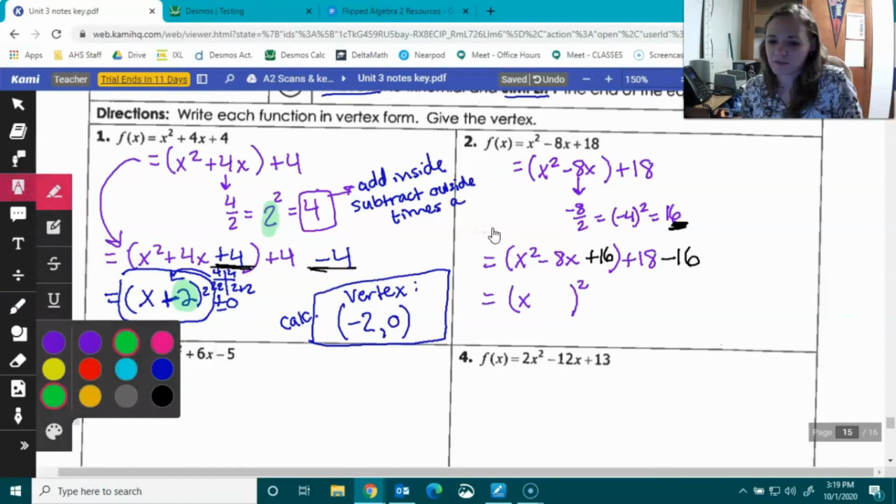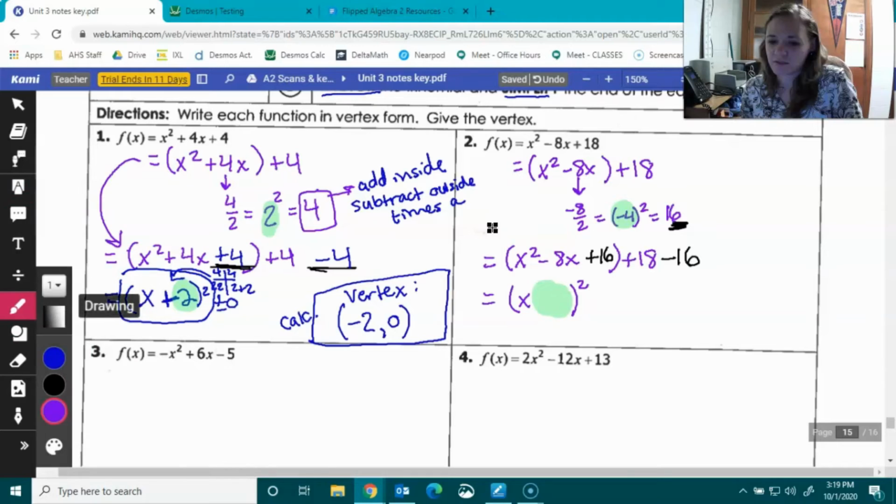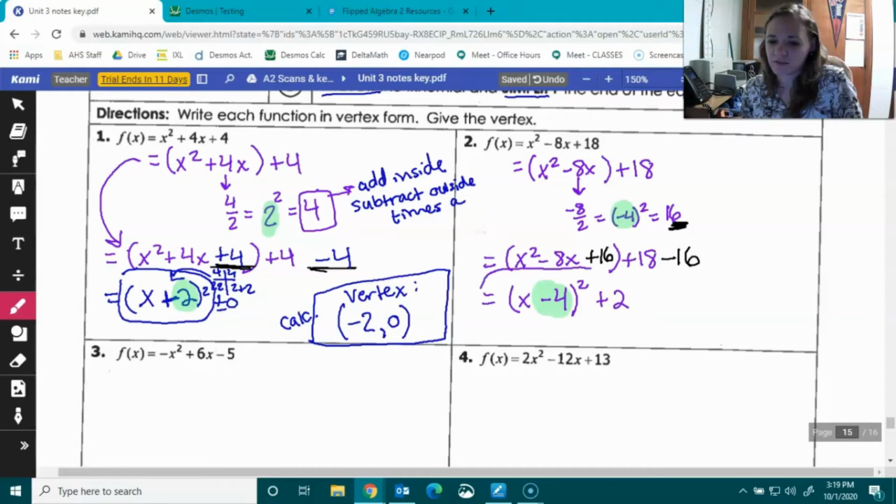Let me highlight that. This value will be the same as this value. And then out here, I simplify this. Positive 18 minus 16 is still a positive 2. And then that is my resulting equation in vertex form.